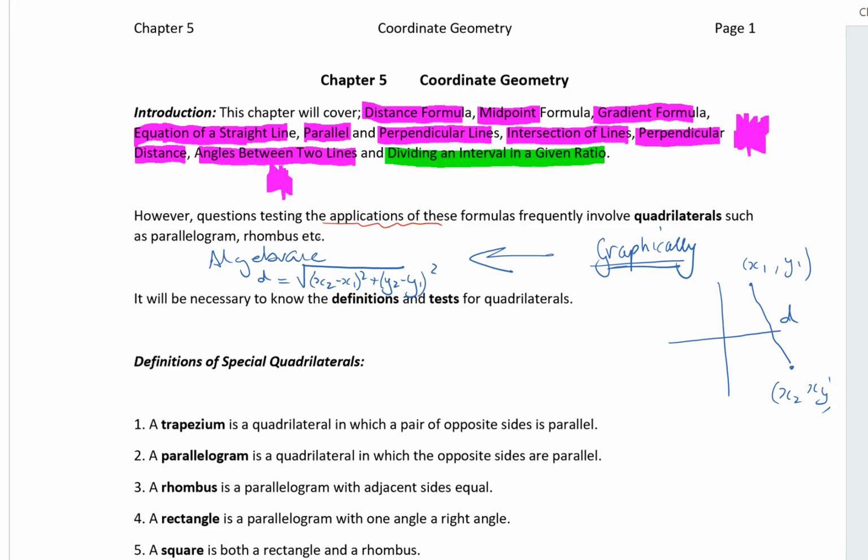But like I've just said, this formula is given on the formula sheet. The emphasis is not going to be on just your ability to manipulate this formula.